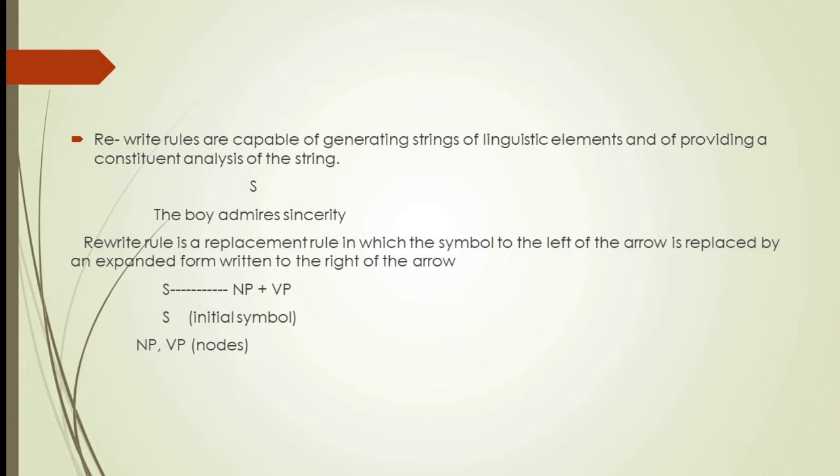Here, sentence we are representing by means of S to show it as the initial symbol. It is called the initial symbol because it initiates the process of rewriting. S is known as the initial symbol, and NP and VP, which can be further expanded or rewritten, are known as nodes. Why are they known as nodes? Because they can be further expanded or rewritten.